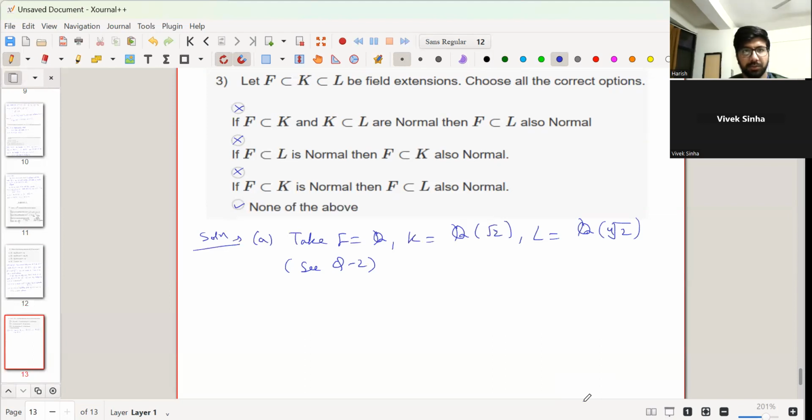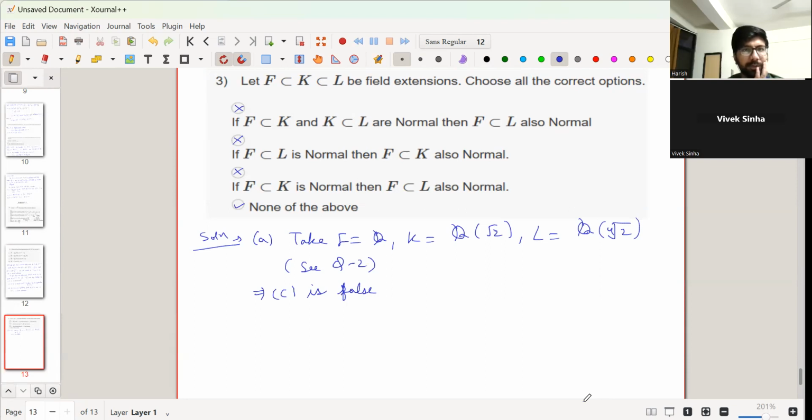So this first also implies false. This also implies that C is false, because C is in fact a weaker version of it. If F contains K is normal, then F contains L is also normal.